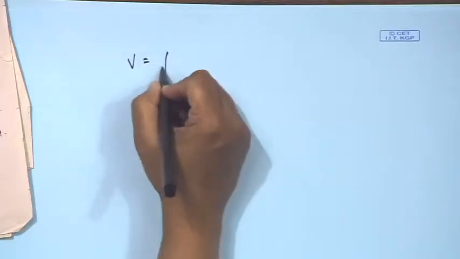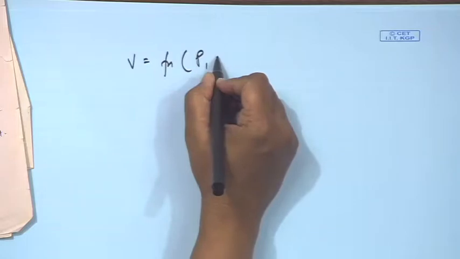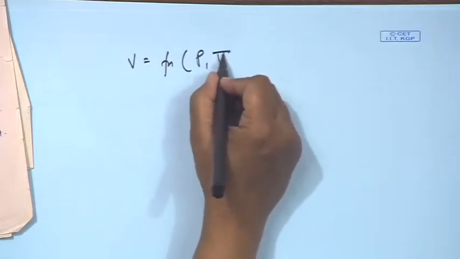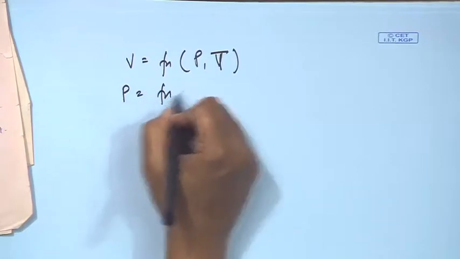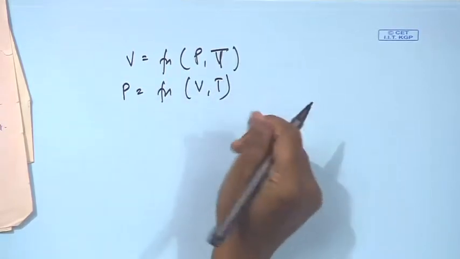Now, for solving these equations, what is the only thing that we require? We just need either volume as a function of P and T, or maybe we require pressure as a function of V and T.